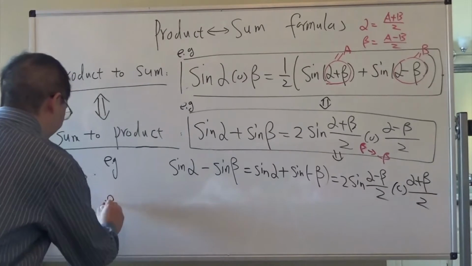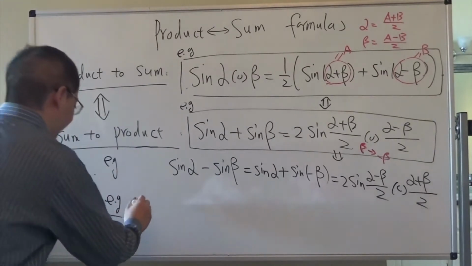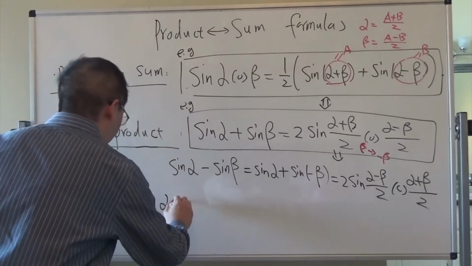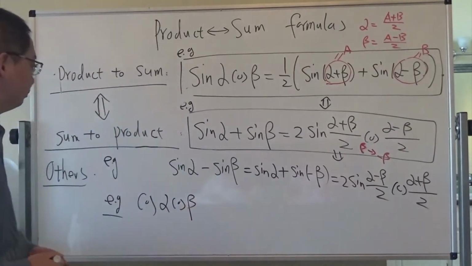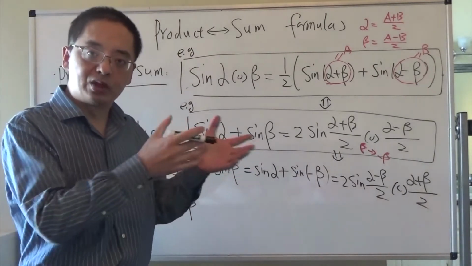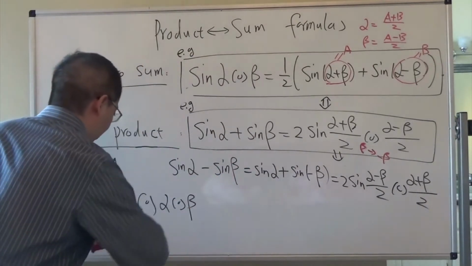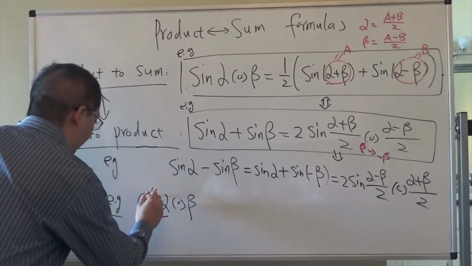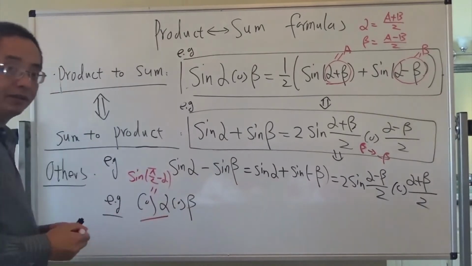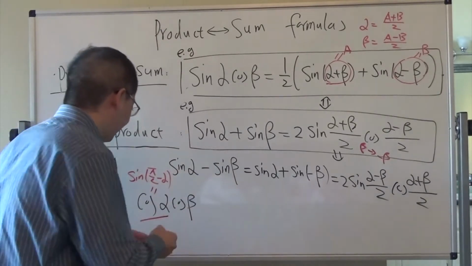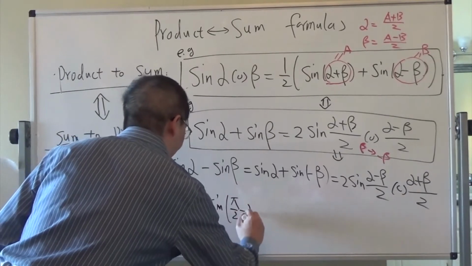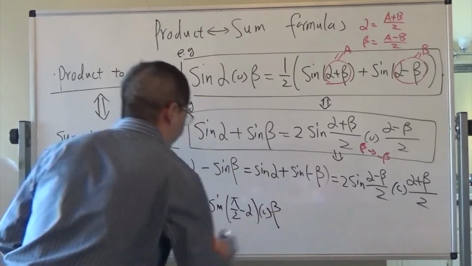Or let's say we want to derive the product to sum for cosine alpha cosine beta. Well, we know you can go from cosine to sine by using pi over 2 minus the angle. So what is this one? This just equals sine(pi over 2 minus alpha) times cosine beta.